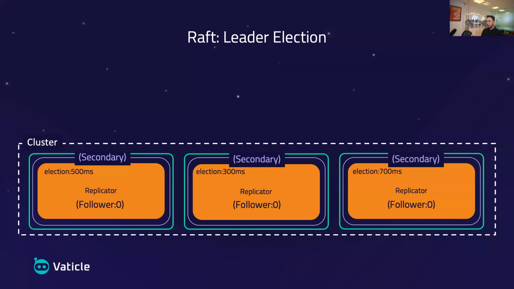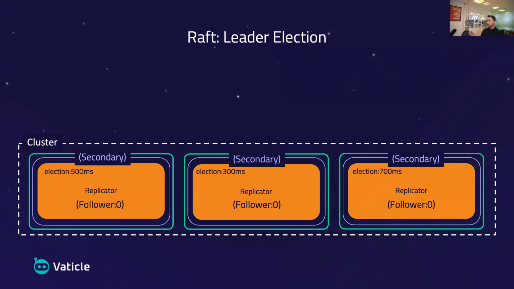Essentially, a follower will wait for a specified amount of time before it becomes impatient and thinks that an election is due. Each replicator will have an election timeout which is randomized, so they're not all the same. Say, in this case, the replicator is configured to start an election anywhere between 300 milliseconds to 700 milliseconds, for example.